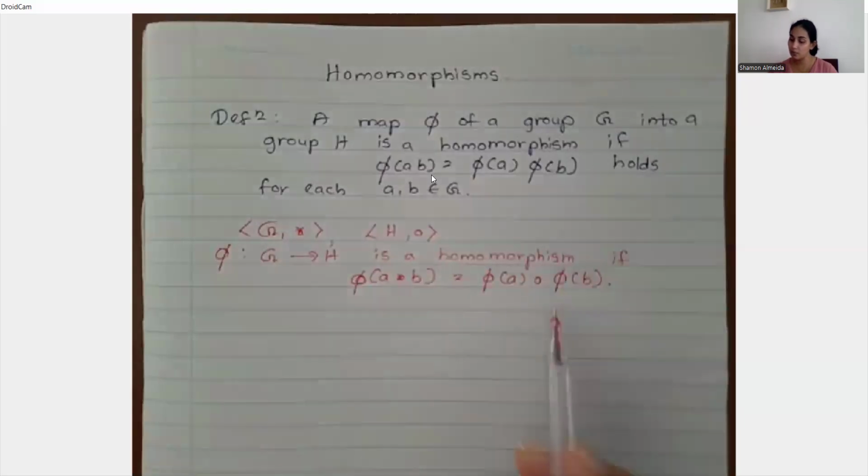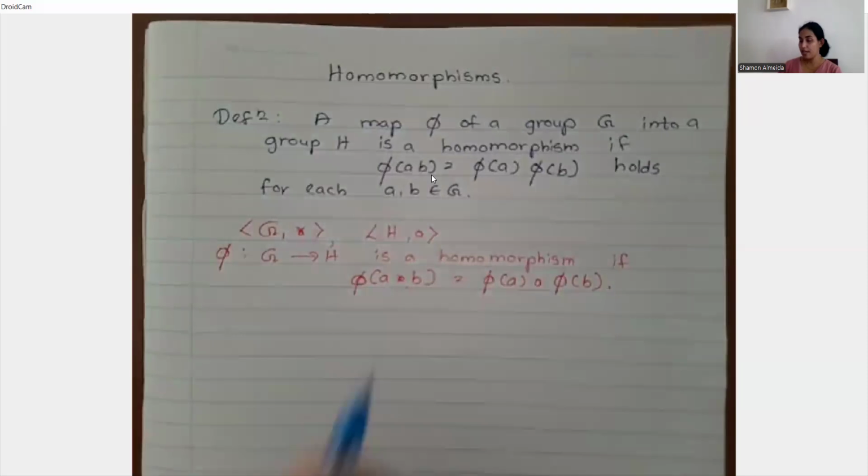So explicitly you can denote it by showing these binary operations, the homomorphism between the two groups G and H, right? So this is what it means. So what do we have here?